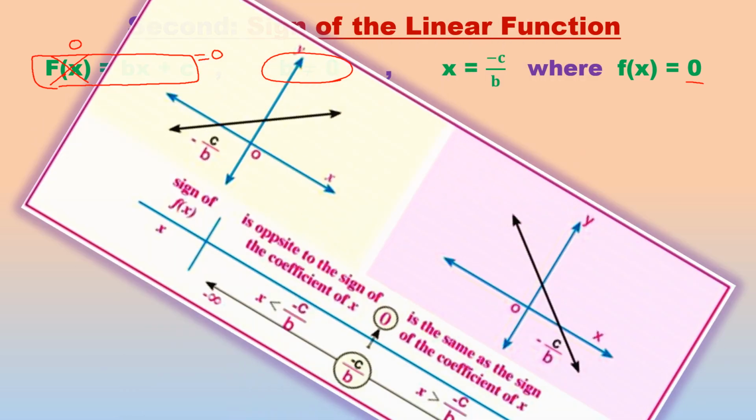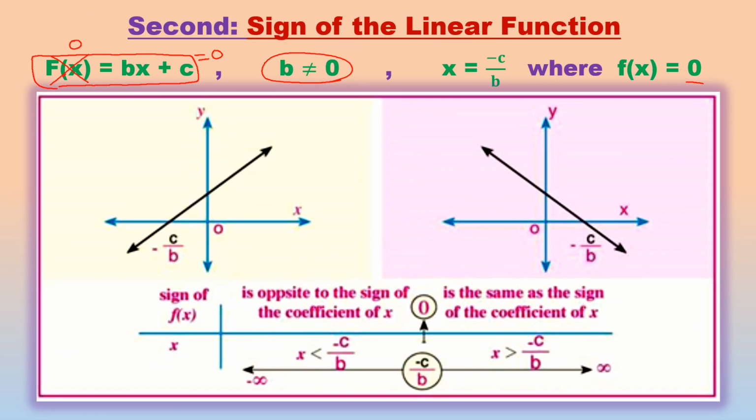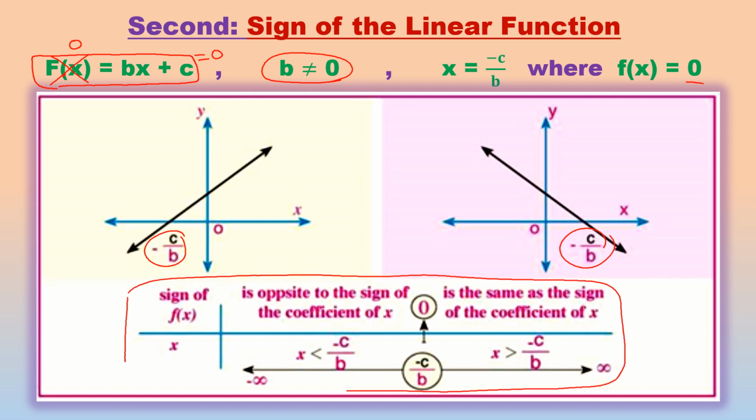Then the rule is, if -c over b is represented on the number line, where the value of y is 0, the answer is -c over b.